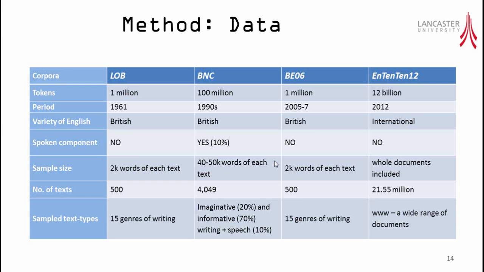We purposefully chose 4 very different language corpora in order to establish whether, if we take corpora of different sizes from different periods, sampled according to different criteria, we still get some lexical overlap.